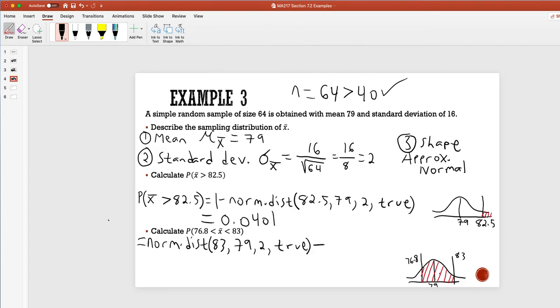But since we want just this area here in red, we need to subtract the area less than 76.8. So minus norm.dist of 76.8, 79, 2, and true.